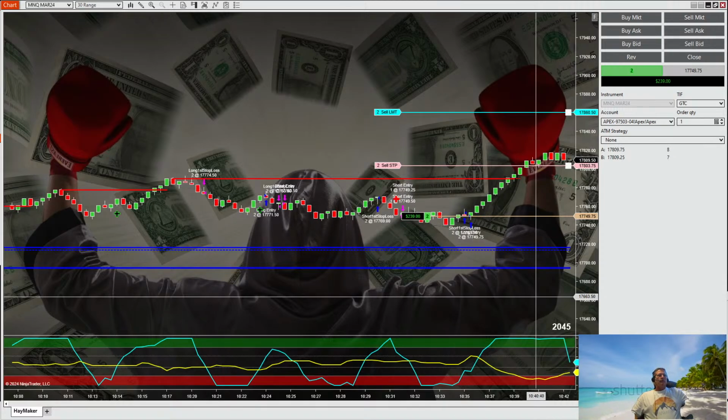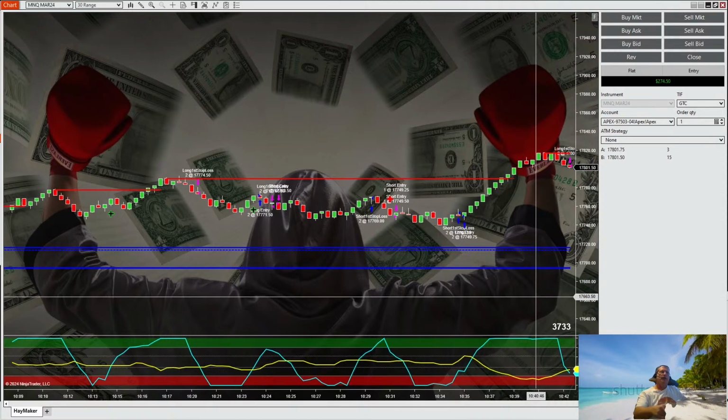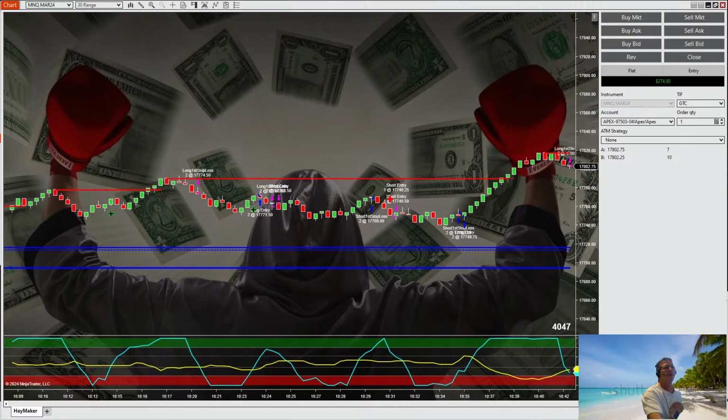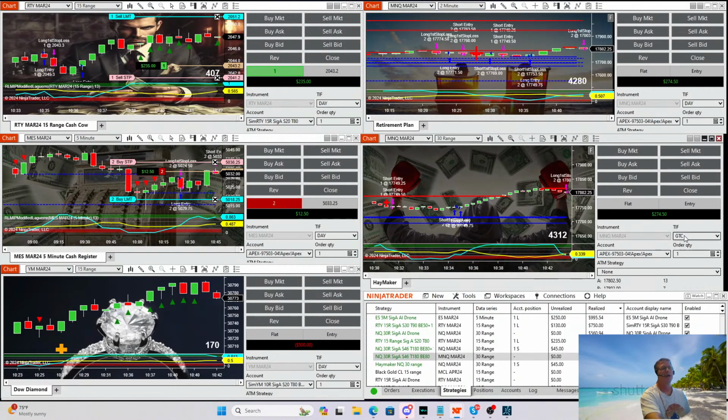We caught a nice chunk of it too. It's right back into consolidation here. Now it looks like it might retrace on us. Order filled. All right, we'll take that. Beautiful trade on that micro. Just trading a couple contracts on that account 3.